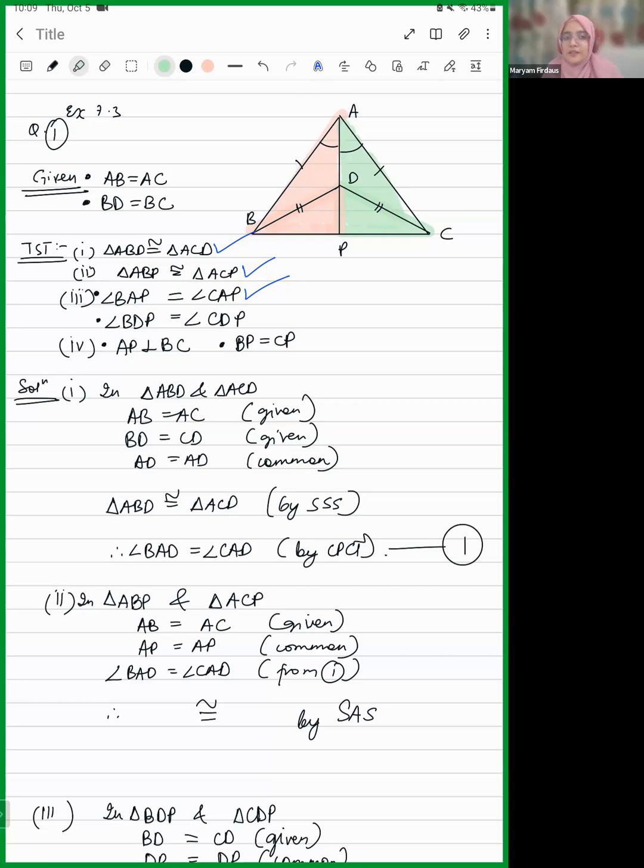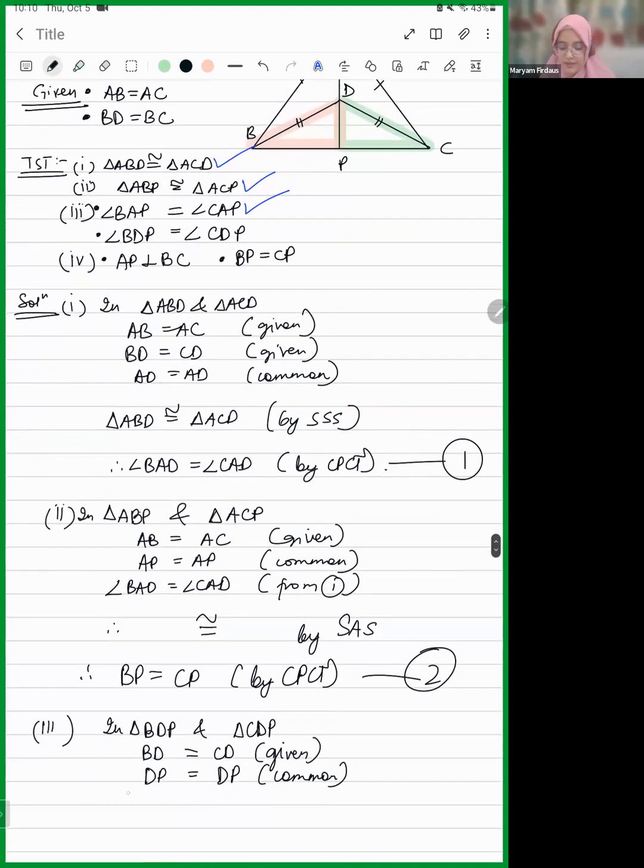Avni, yes, these two big triangles. Is this clear? Yes, ma'am, clear. So let's write it over here. Therefore, BP is equal to CP by CPCT. This is our equation number 2. So now we can write BP is equal to CP from 2.